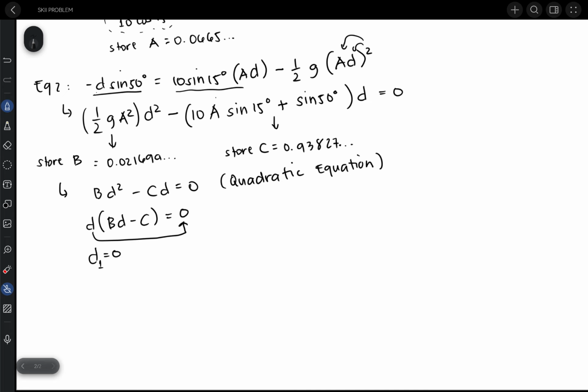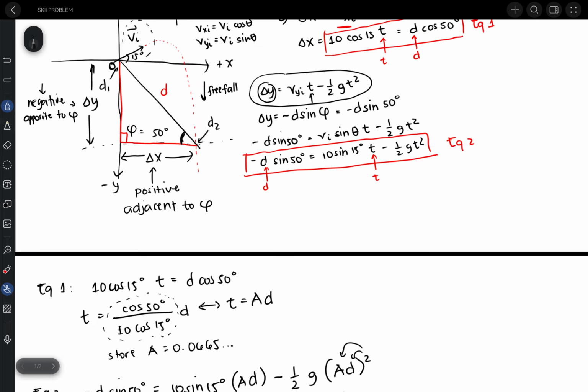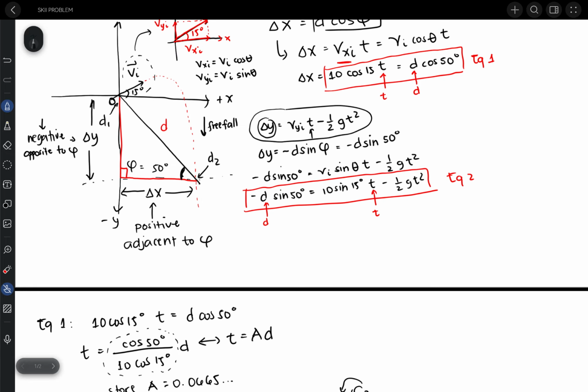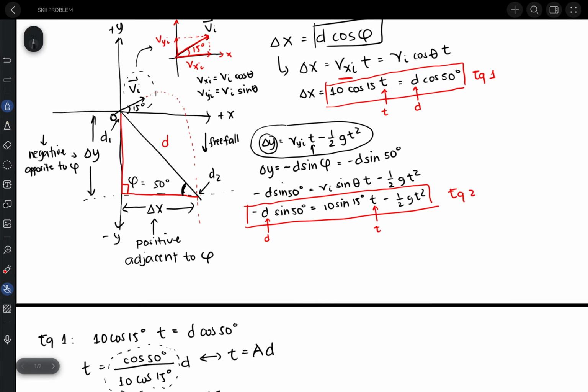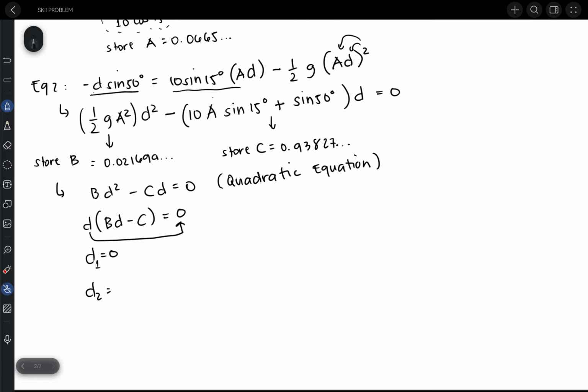But for the d2, that is what's going to give us the part of the platform on which the skier lands, and that is equal to, well, just transposing c on the other side and dividing both sides by d, we'll have c over b, and our c is just 0.93827, and then we have to divide that by our b, which is 0.021699 and so on.